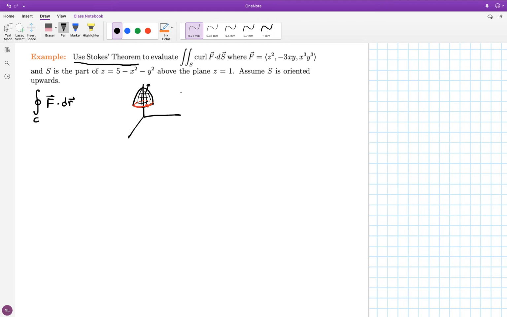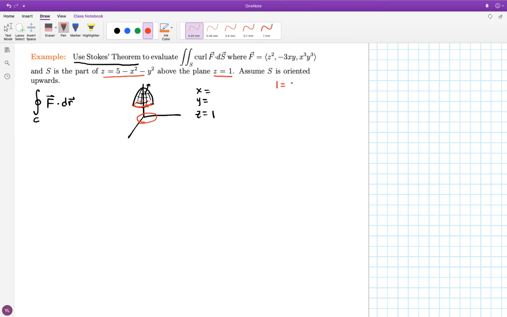Okay, so in order to compute this line integral, of course, I want a parameterization of that curve. The curve is at level z equals 1, I guess. And let me see the circle that x and y make. Well, it's the intersection of the plane z equals 1 with this paraboloid.